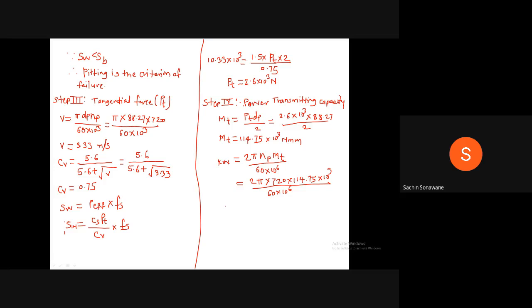Therefore, kilowatt is equal to 8.65. Yes, correct. I think all the students are writing.